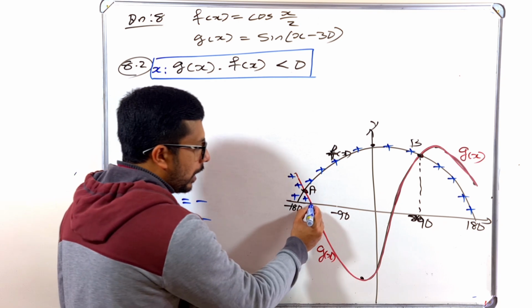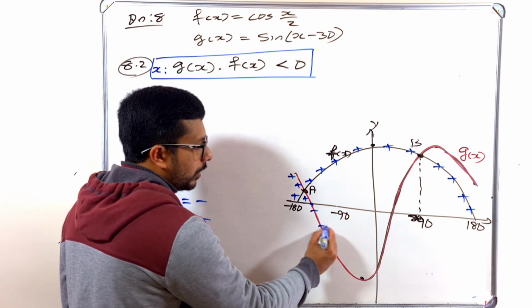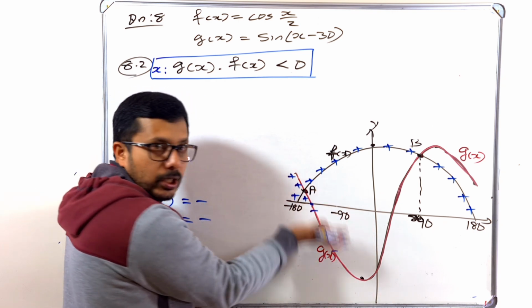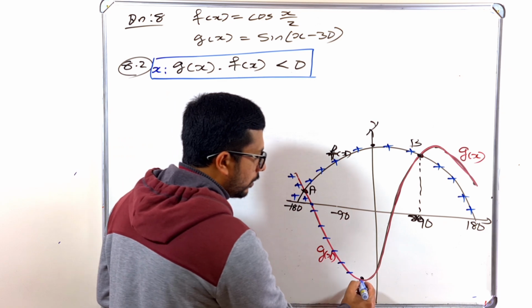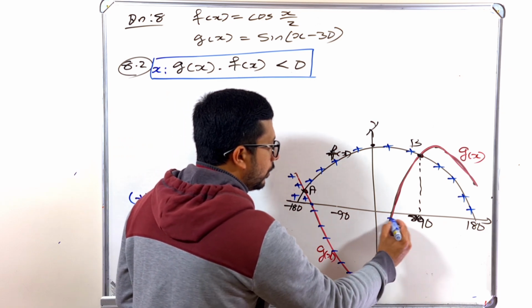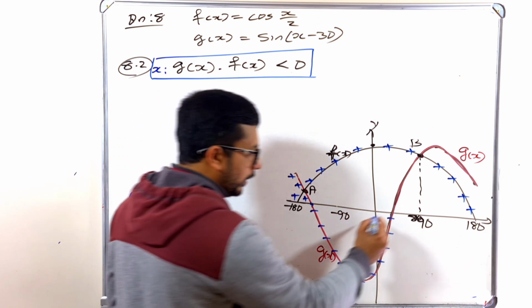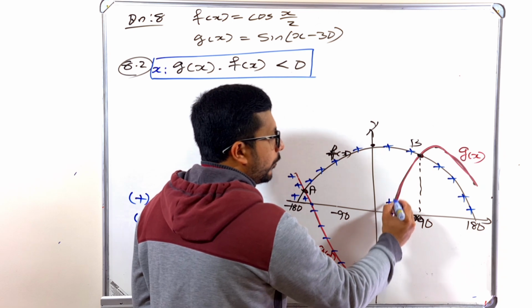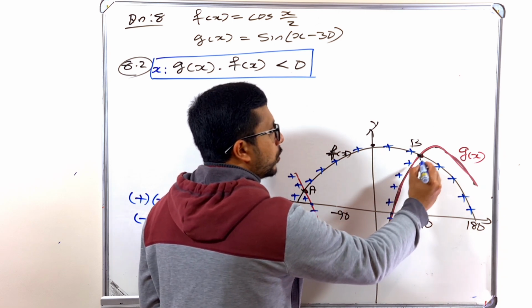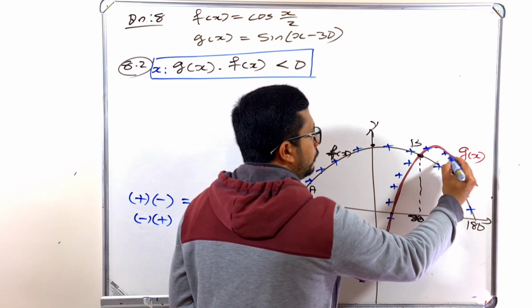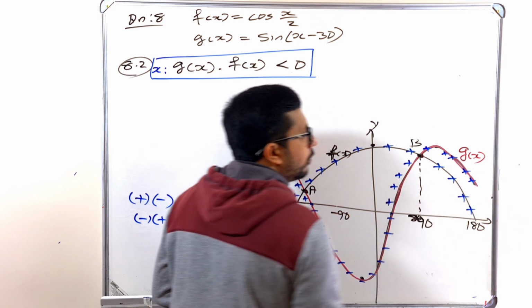Then after that point it is negative, or below x-axis, up to this point. Then after that point above x-axis, that means positive. So all of these are positive.